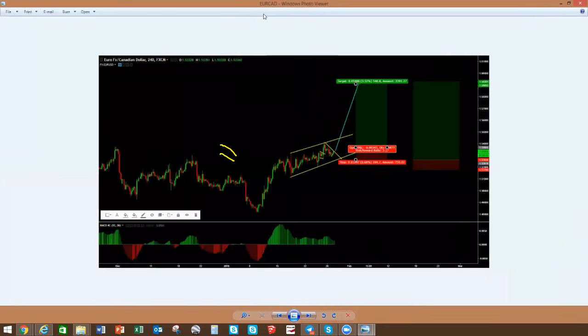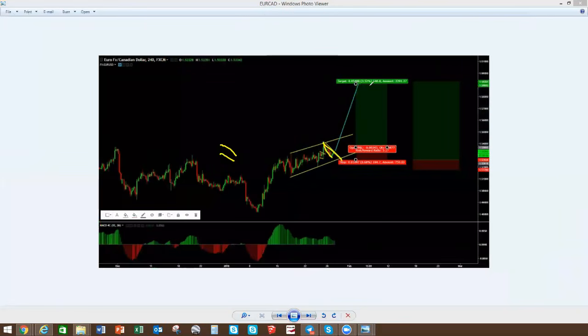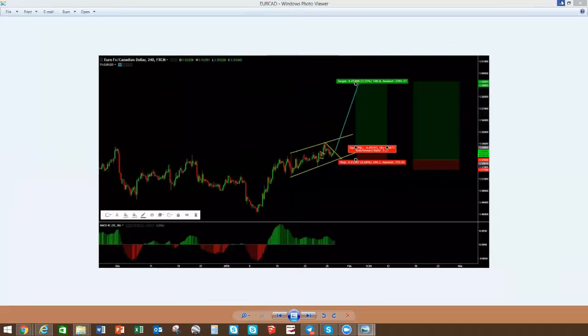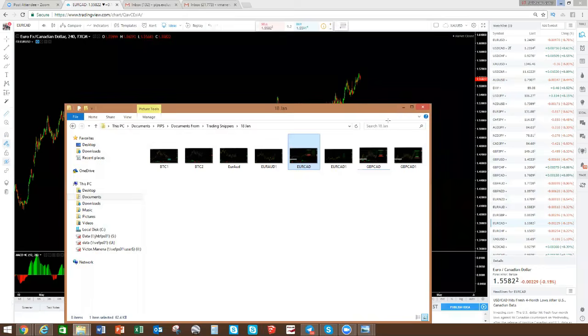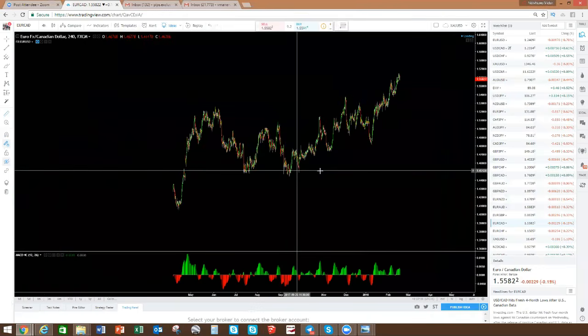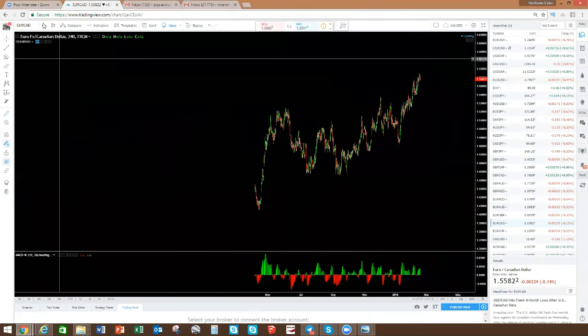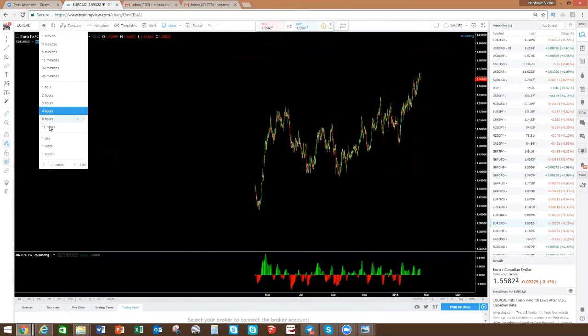As you can see here, this target has already been reached, but there was a bigger correction there for another move to the upside. Let's go back there and show you why I've been bullish for a long time on EURCAD, and I've been saying this every week, daily.